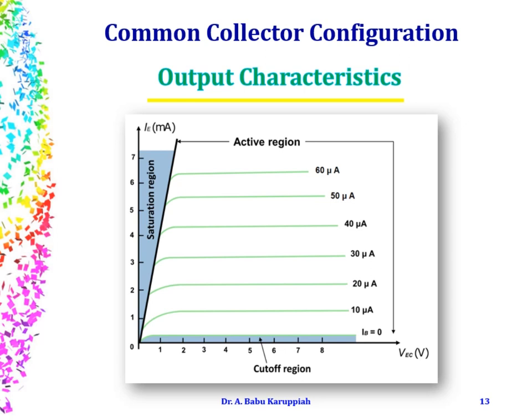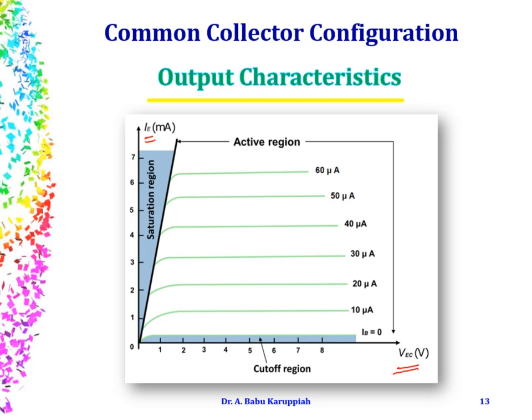So this is how you will obtain the characteristics, and this characteristics is very similar to that of common emitter configuration, where here you will have it to be VCE instead of VEC. In common emitter configuration you will have it as VCE, and the output current would be collector current, whereas here it is IE, the emitter current.